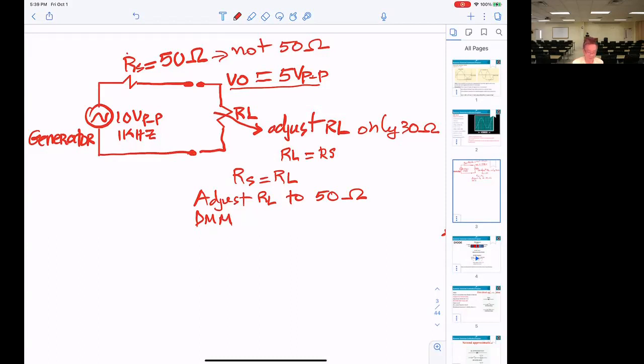Okay? DMM will go to high and low. So this is the resistor here. However, that's not connected to the generator. The thing is when you connect to the generator, you cannot measure resistance.